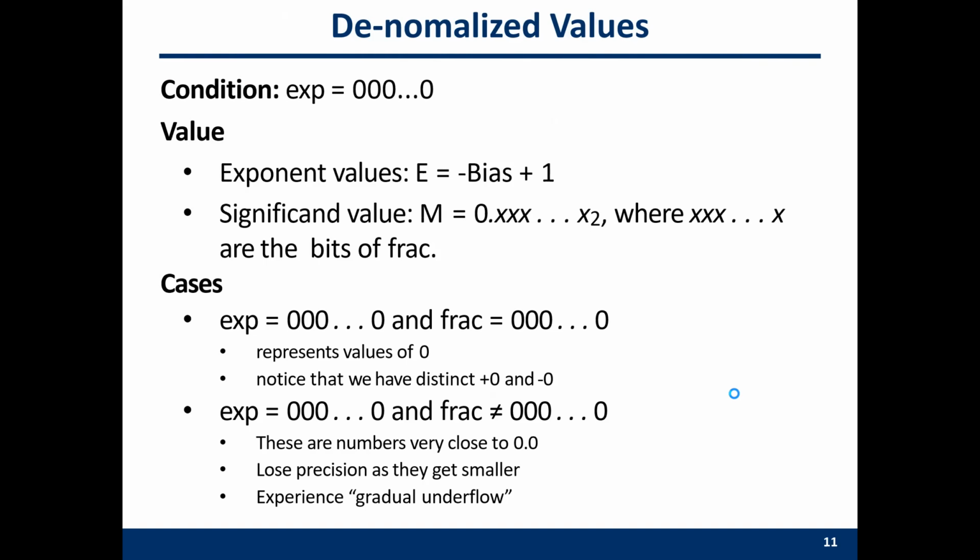So in this way, you can see this is a value smaller than 1. If the EXP and fraction are all 0, then it can be used to represent 0. If the EXP is all zeros and the fraction is not 0, then this is a value smaller than 1, close to 0, smaller than 1 or larger than -1.